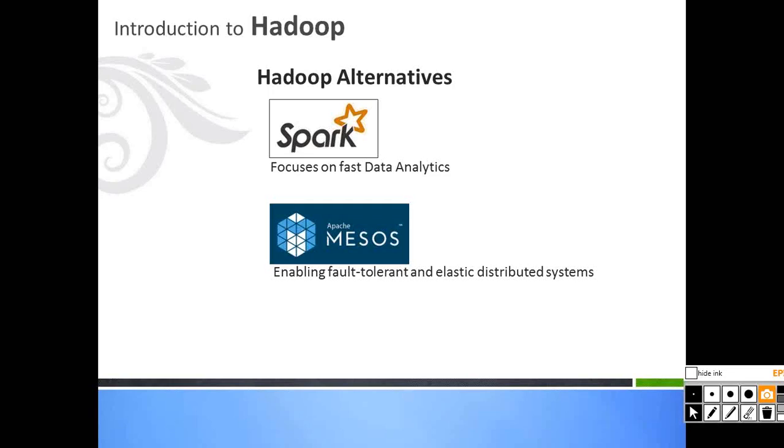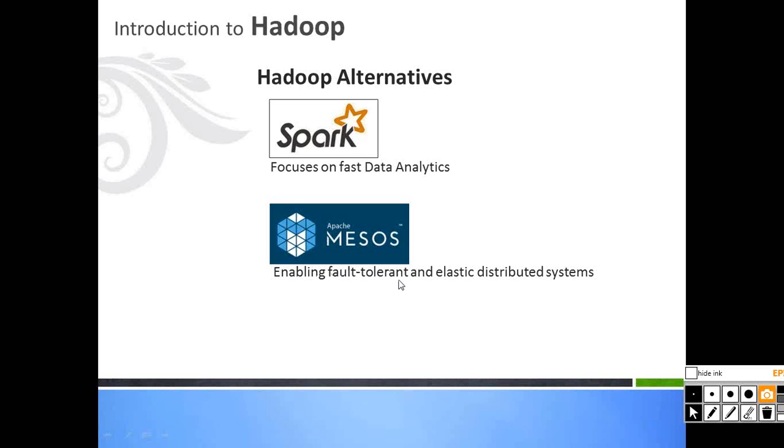But are there any alternatives to Hadoop? Is Hadoop the only one? There are alternatives. Mesos is one such architecture. It is also trying to solve big data kind of problems, and I'll touch upon it at the end of this course, along with the administration part.